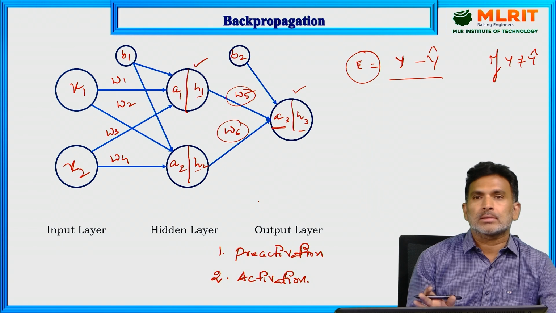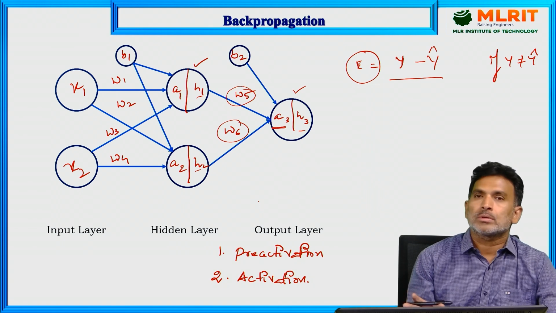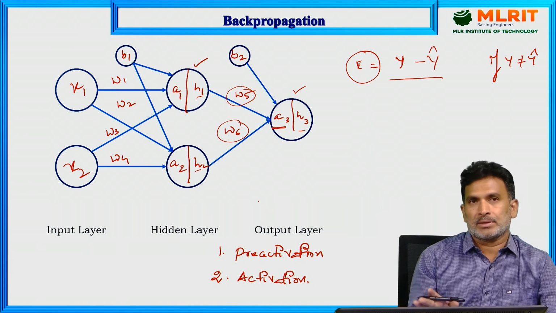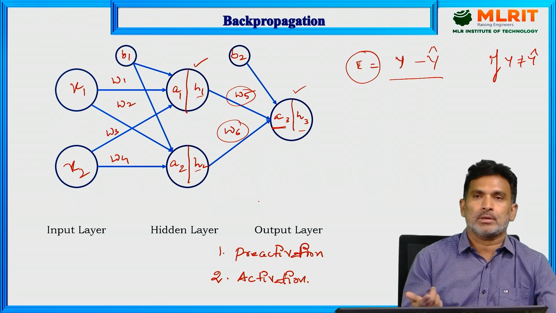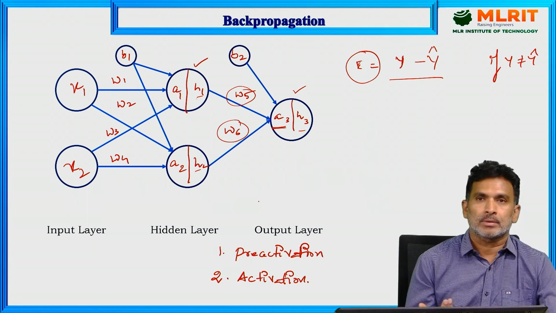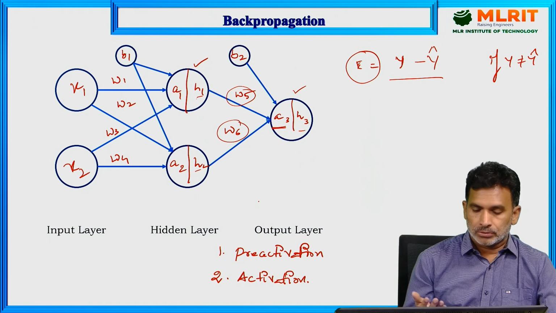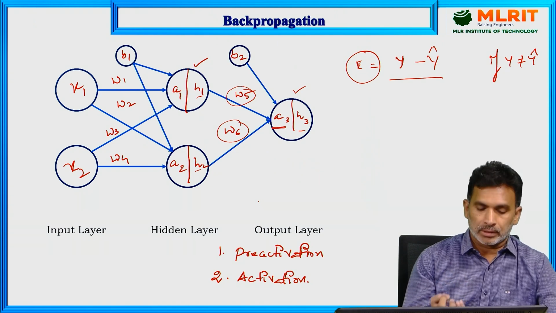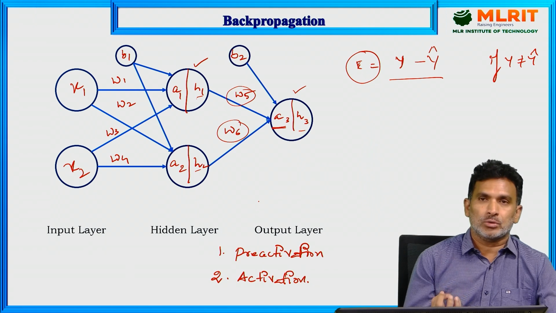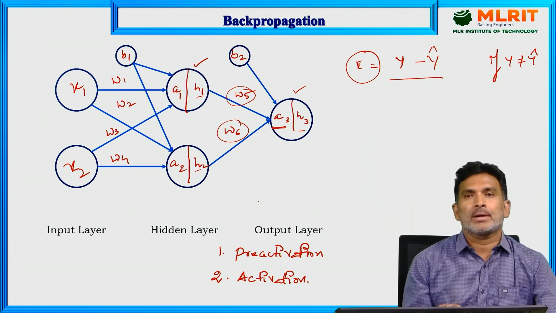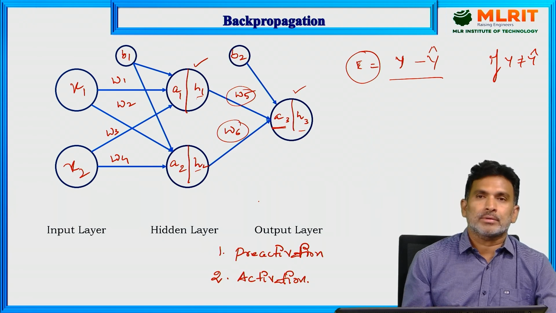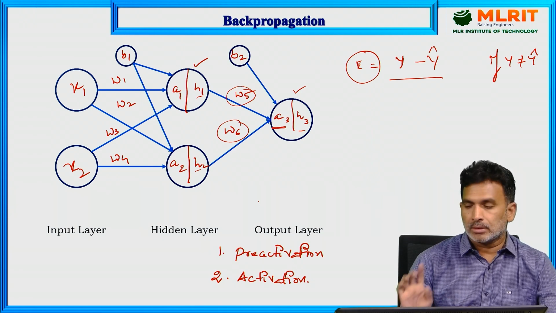We have to know the amount, the rate of change, and in which direction the change needs to be done. So what are the inputs, and what weights and biases need to be updated? That needs to be understood. That means we have to understand the contribution of each parameter to this error.